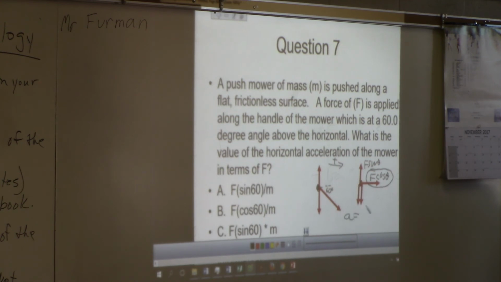So acceleration is F net over M, which is going to be F cosine theta over M. Well, theta, they told me, was 60 degrees. So it's really just a matter of breaking that force vector at an angle into its components.